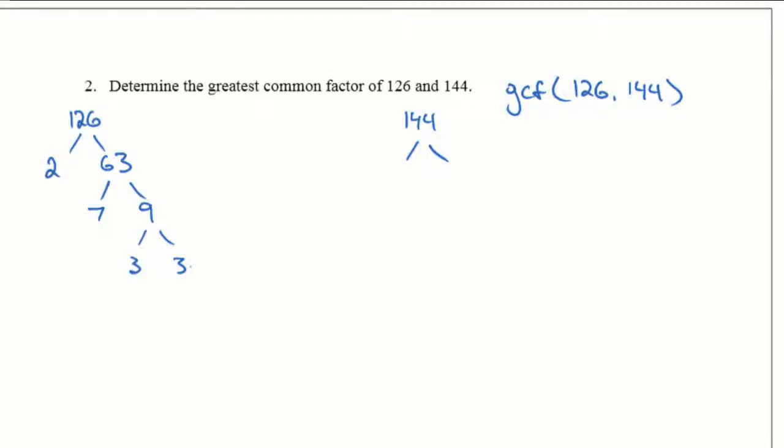So if I take 126 and break it down into 2 times 3 times 3 times 7, I have factored it. So 2 times 3 times 3 times 7 gives me 126.